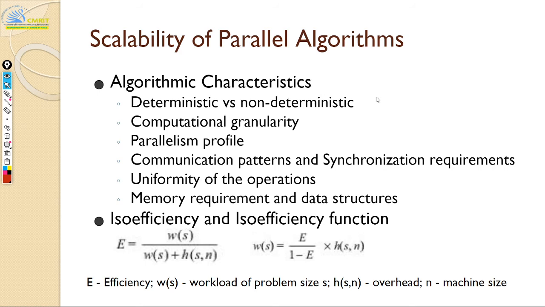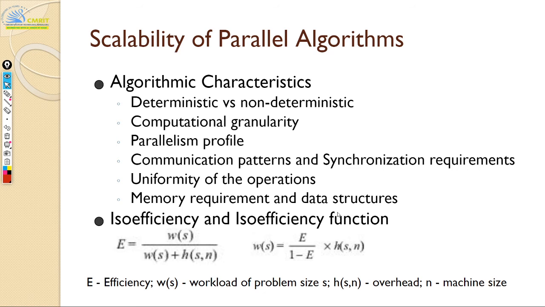So this is the formula for efficiency. Now you can rephrase this equation. By playing around with it, you get W(s) equated as e by 1 minus e times h of s comma n.